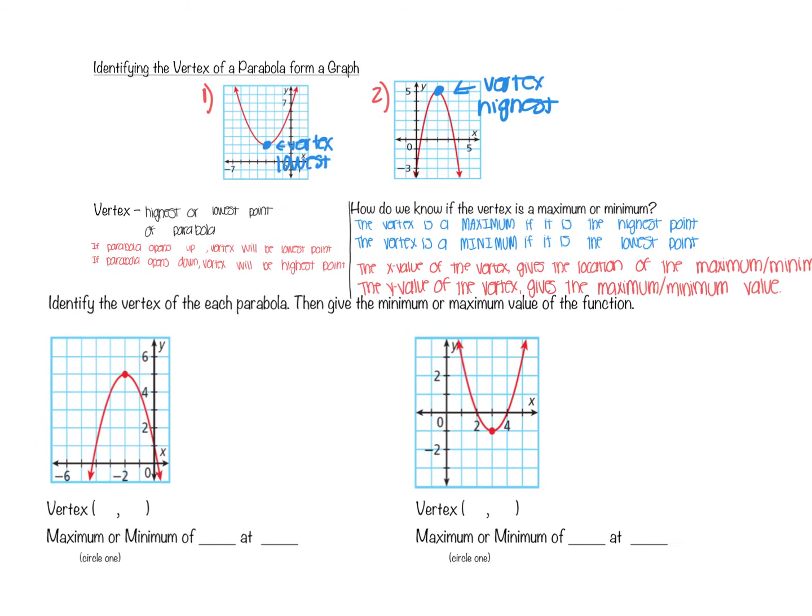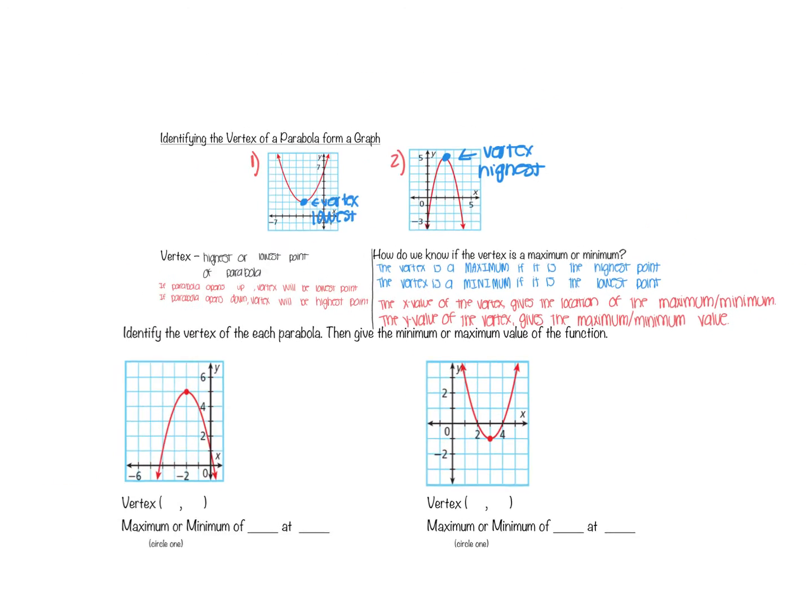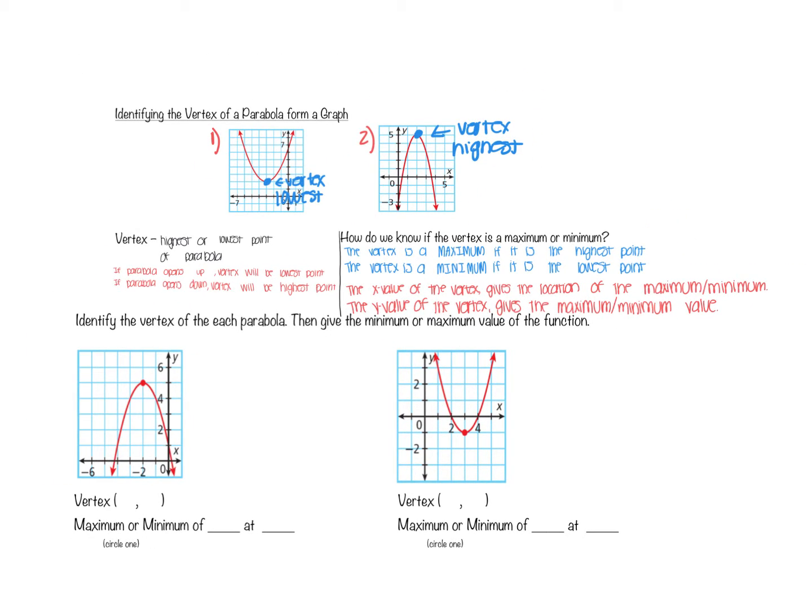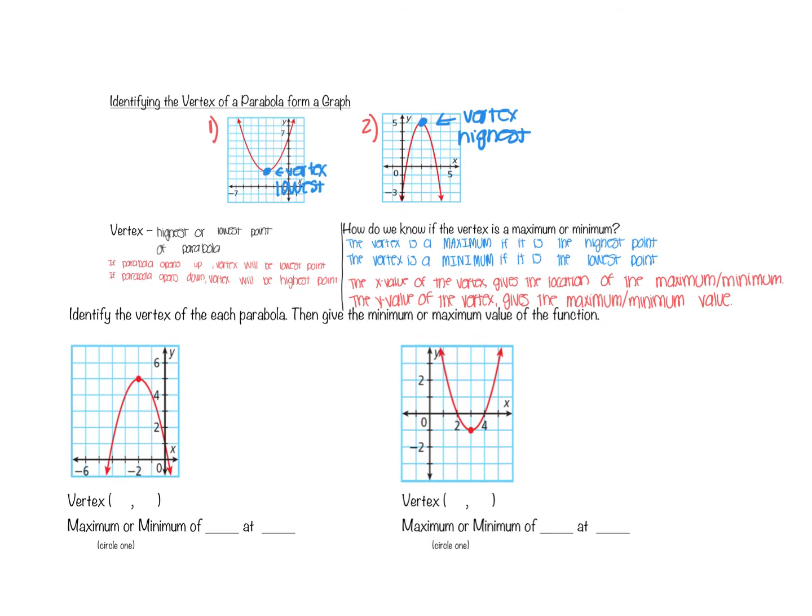Then we can also look at the value of the vertex. In this first graph, the value of this vertex right here, I can count, is I believe -3, 2. Since it's at the bottom, I know it's a minimum.